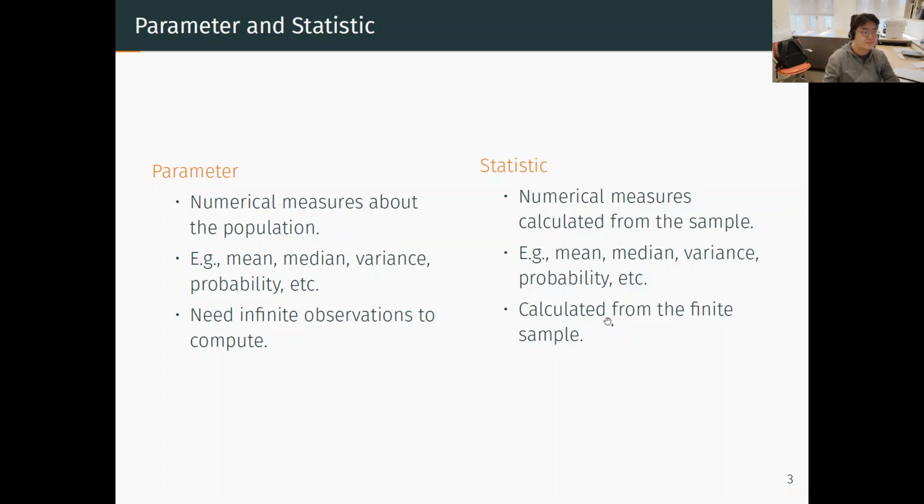So in the end, what we will do is we first set up what we want to know, that is a parameter of interest, and we are going to find a statistic, what we calculate from the data, to make a guess about the parameter. So we will choose the best statistic to estimate the parameter. That is basically the statistical inference, right? That's the basic setup.